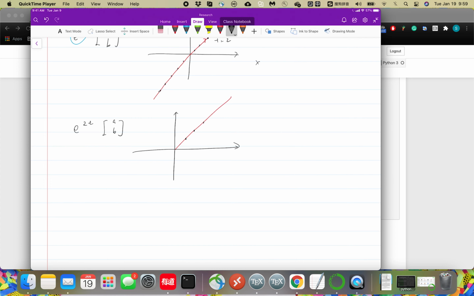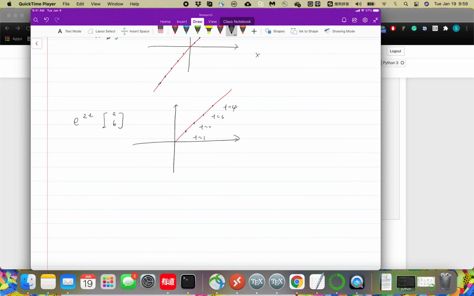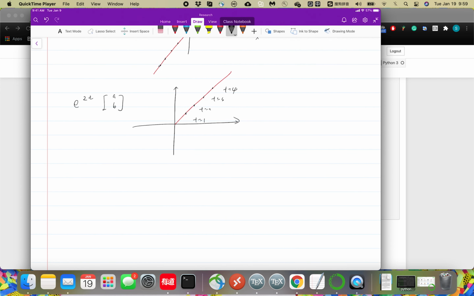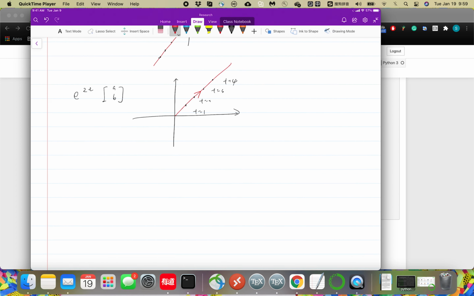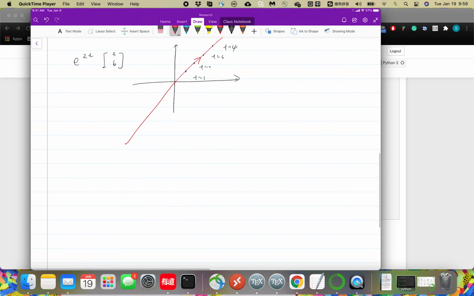Therefore, t equals 1, t equals 2, t equals 3, t equals 4. I draw them to be equal distance, but of course they don't have to be. So you can see there is a trend that if you let t become bigger, the whole solution is moving towards this way. Similarly, you can try it if you have a negative number in the front. You will have some trend looking like this.